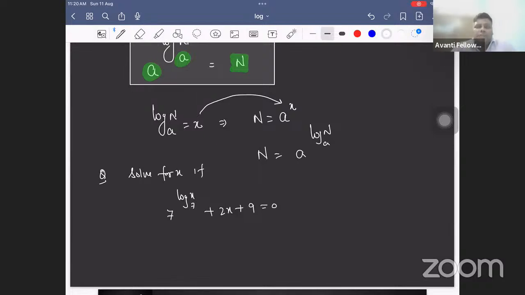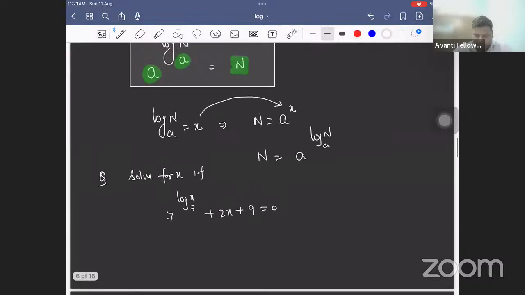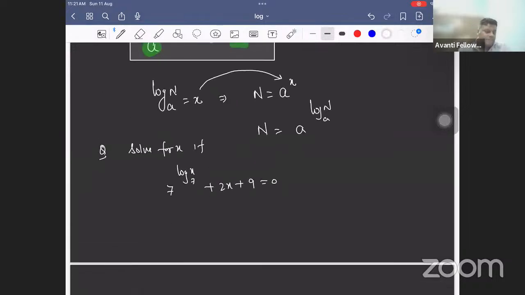Yes, tell me the value of x quickly. 7 raised to the power log x base 7 plus 2x plus 9 equals 0. Value of x. Tell me quickly.